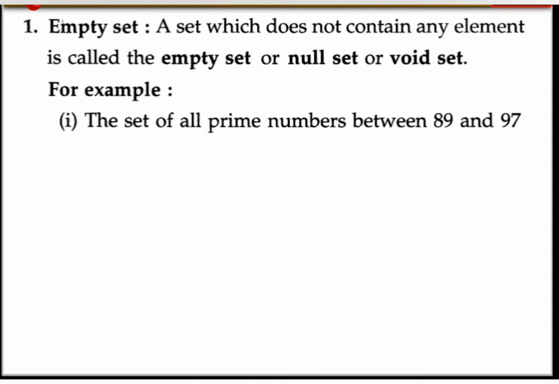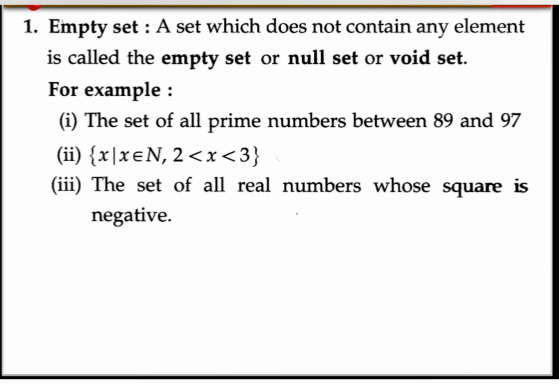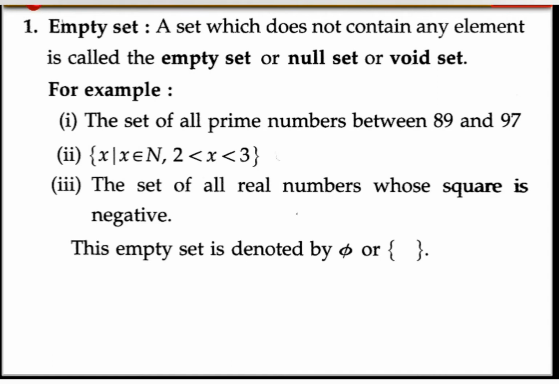Number 2. Set of all x, for all x belonging to natural numbers where x is greater than 2 but less than 3. Number 3. The set of all real numbers whose square is negative. This empty set is denoted by phi or two curly brackets.